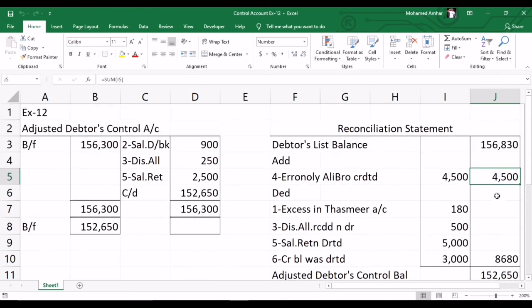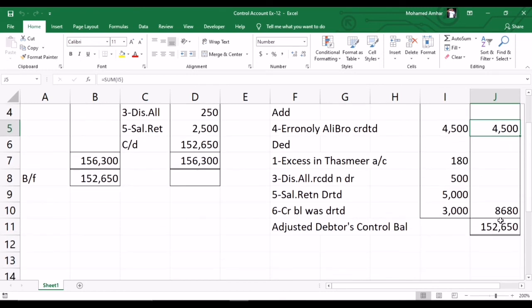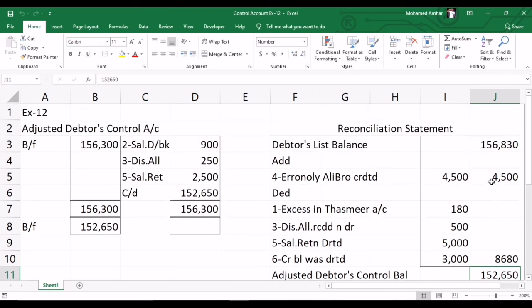To get the answer, you add the 8,680 to this 152,650 and then deduct this. Then you can find the balance before adjusting the list.